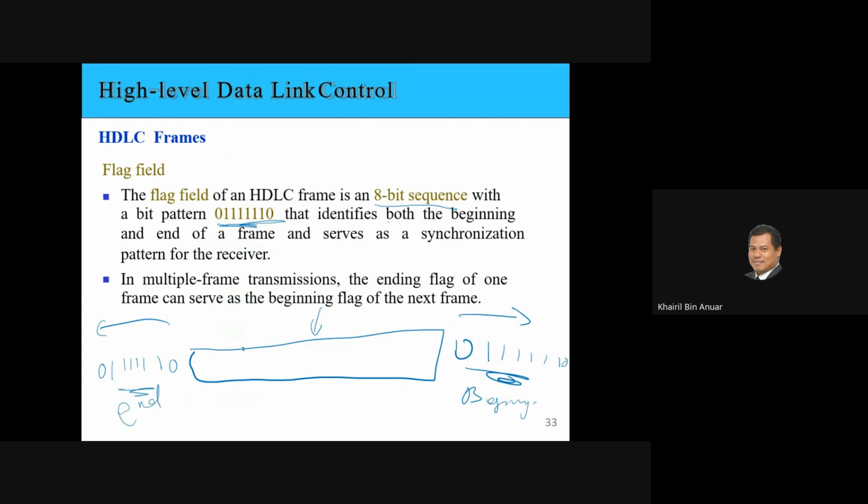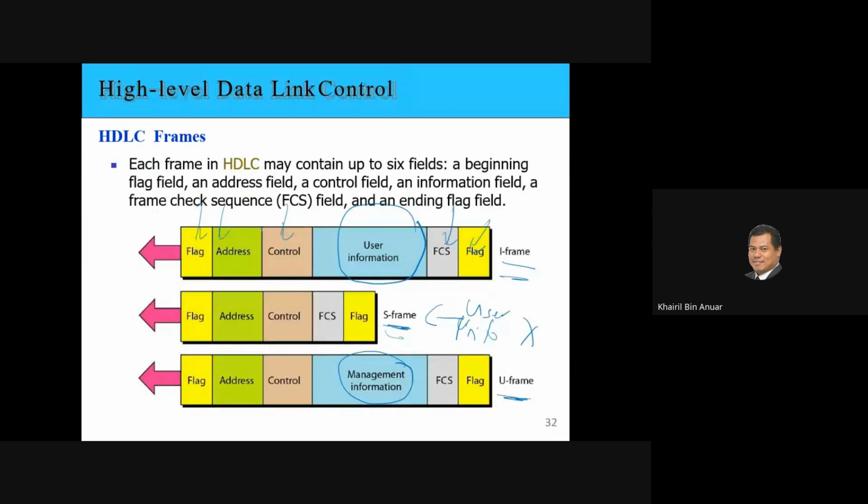It serves as a synchronization pattern for the receiver. In multi-frame transmission, the ending flag of one frame can serve as the beginning flag of the next frame. So this is how it is identified. Here the flag is actually over here, the yellow one, and here. Same goes for the S-frame and finally the U-frame. So you have the flag.